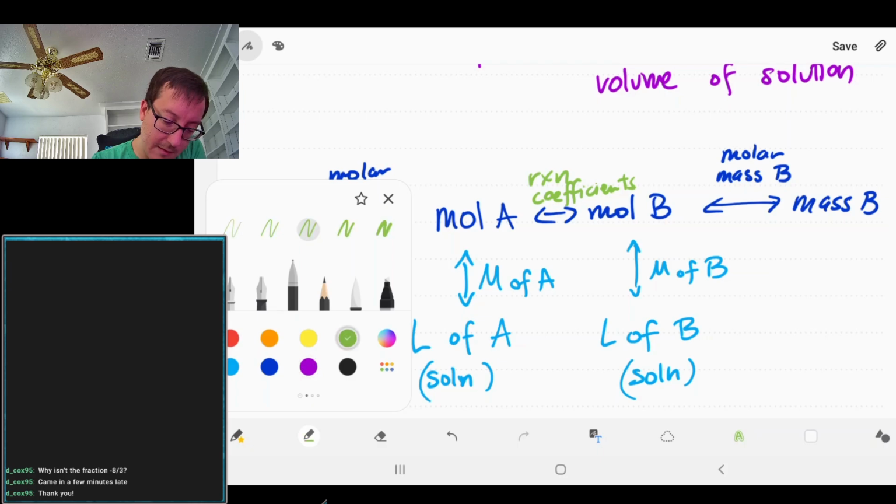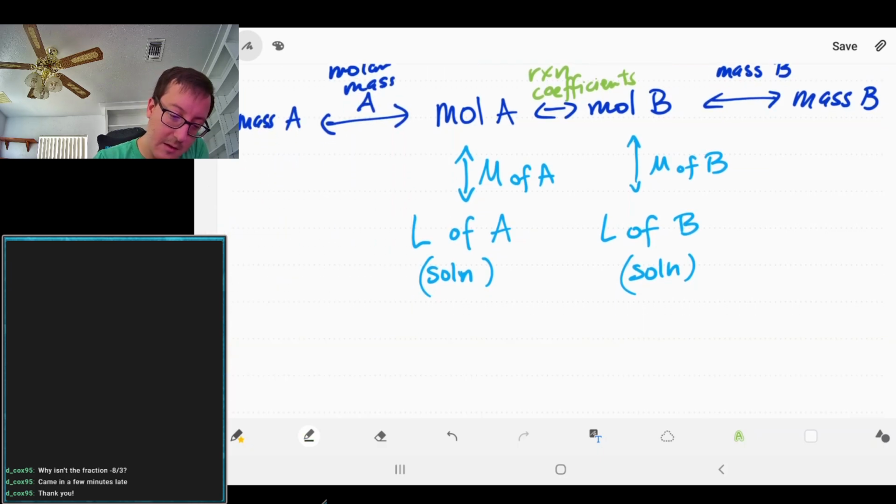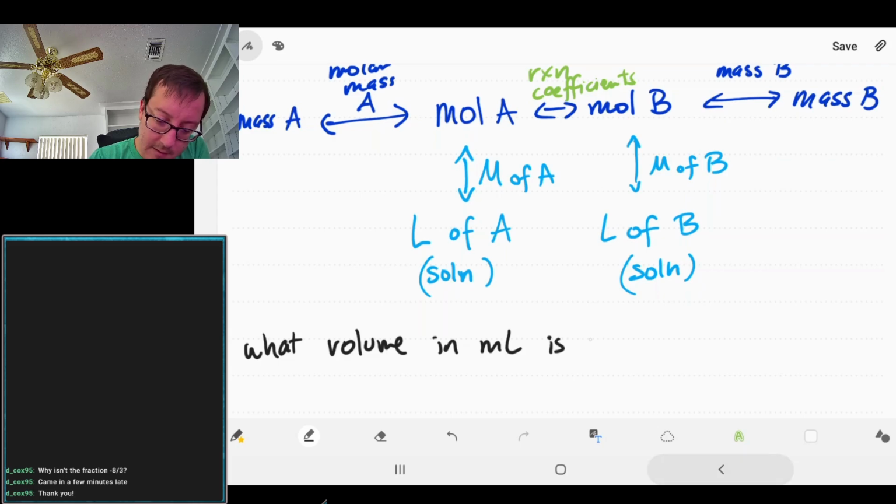So let's take a look at what that might look like. What volume is, of, let's see, 1.25 molar.